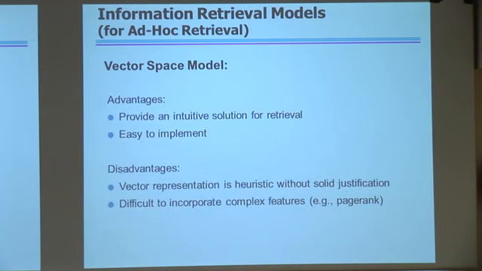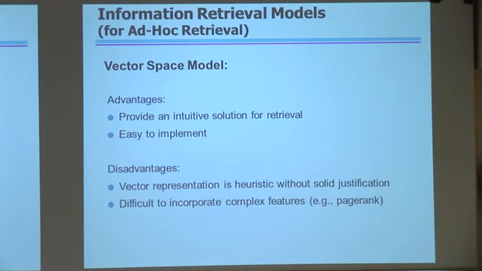It's good, it's intuitive, and it works. But it depends a lot on heuristic choices, such as how to define the weighting schema. And also, it doesn't have a solid foundation, for example, in the document representation.